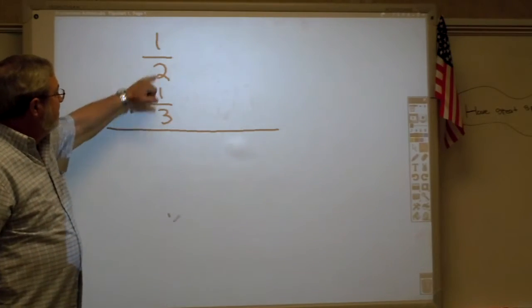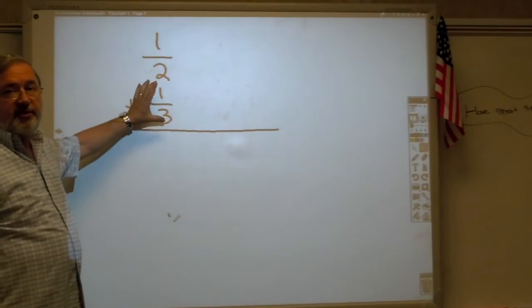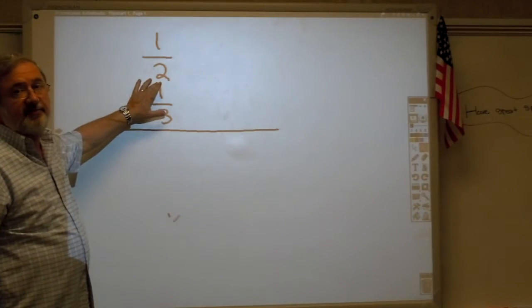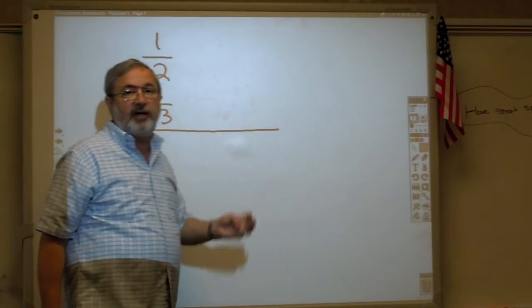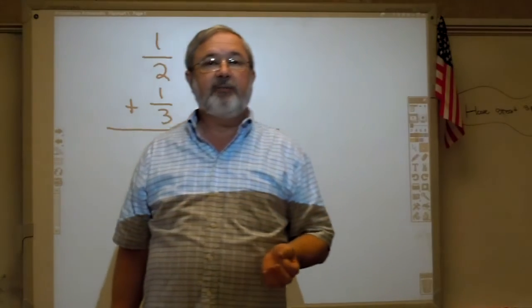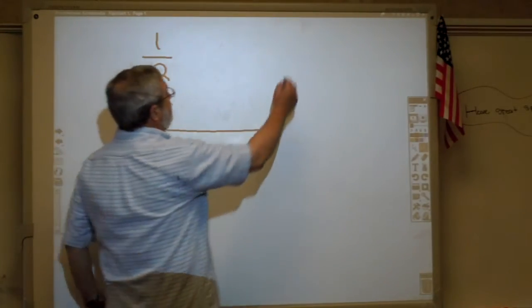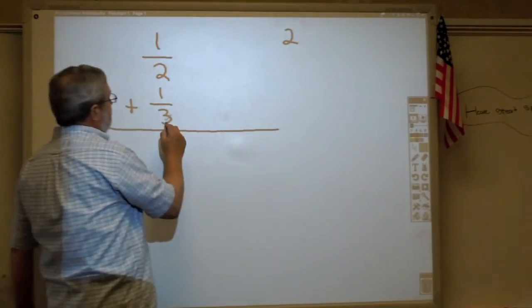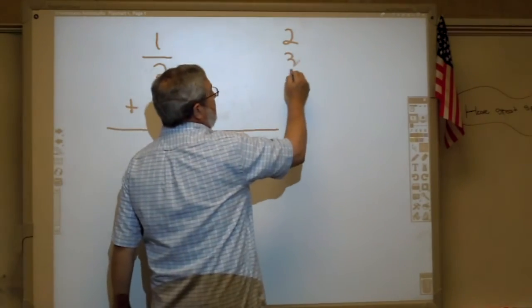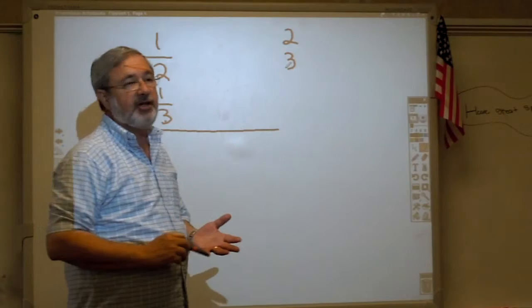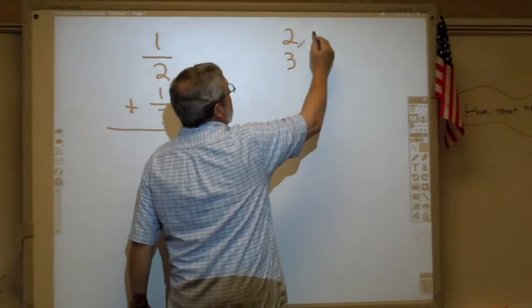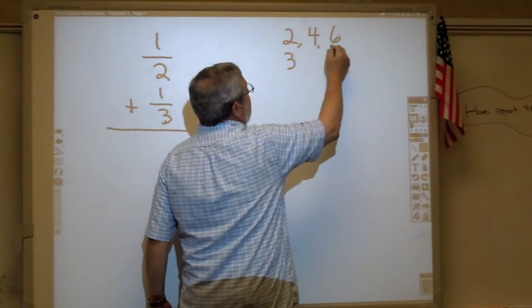Here I've got 2 and here's 3. Two different denominators. They must be the same. At this point we start working with our multiples, counting by that particular number until we get a match. So if this denominator is 2 and this denominator is 3, I want to start counting by those numbers. So I'll take 2, 4, and 6.